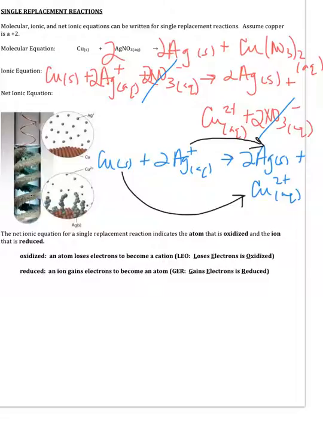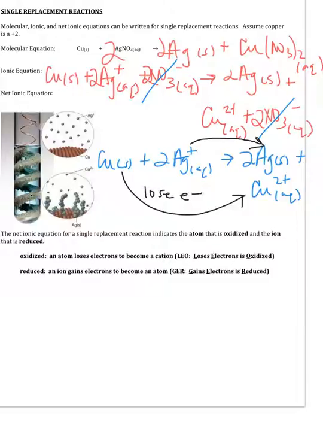How do they do this? Through the movement of electrons. And when electrons are gained or lost, we can talk about substances being reduced or oxidized. So this copper that goes from an atom to an ion with a +2 charge has actually lost 2 electrons.